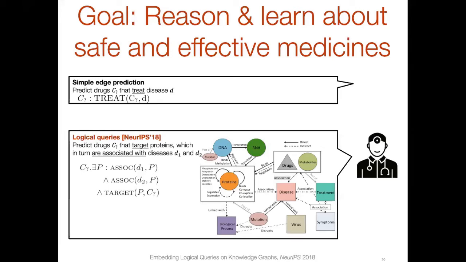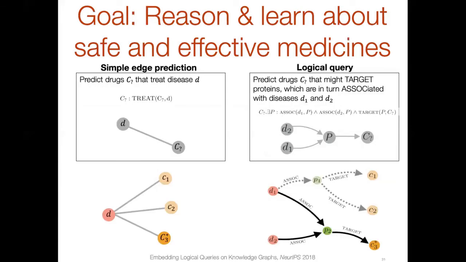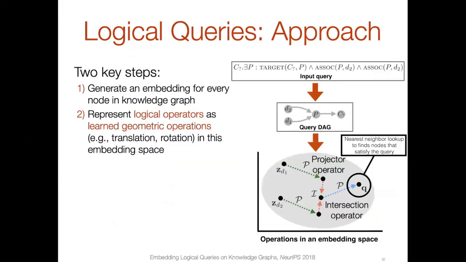For example, such a query would be: predict drugs that target proteins, which in turn are associated with a particular disease D1 or D2 of interest. This is a much more complex logical query that involves multiple entities, or nodes, in our knowledge graph than a simple two nodes and a simple edge between the two of them. So we want to move beyond simple edge or link prediction to more complex logical queries because they are more precise and detailed and therefore useful for domain experts.